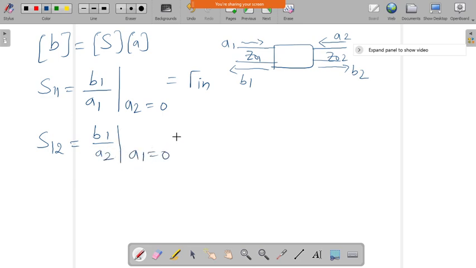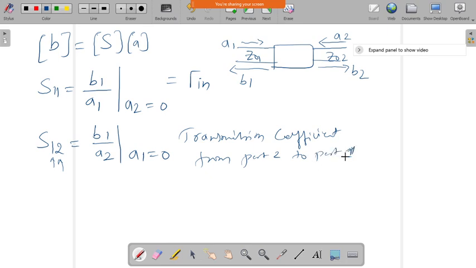This is the transmission coefficient from port 2 to port 1, or the reverse transmission coefficient.